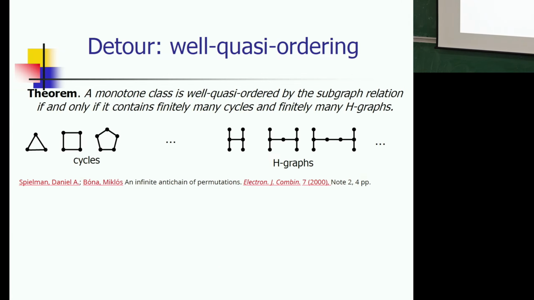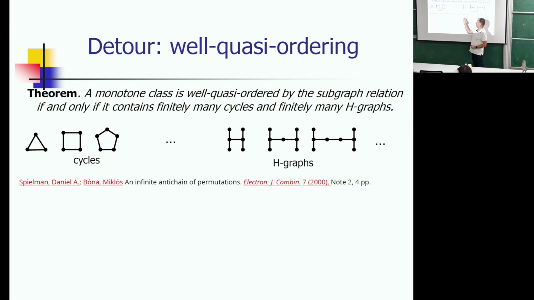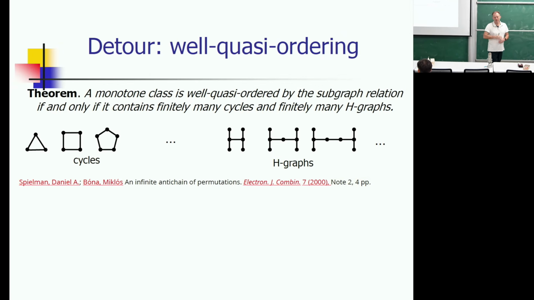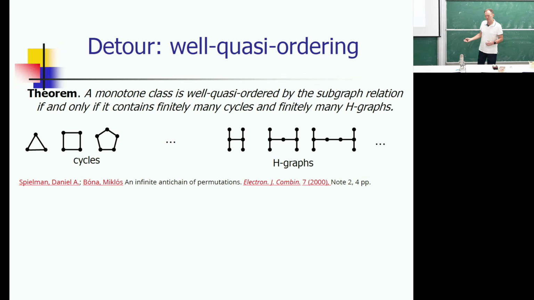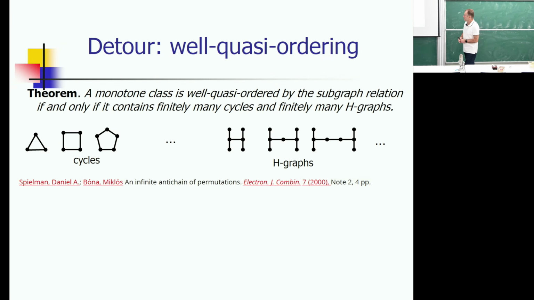For instance, this small paper, 4 pages only, which presents the only result in this paper, an infinite anti-chain of permutations. If you translate this result to the language of graph theory, permutation graphs, then it will be the complement of an H graph. So this anti-chain consists of the complements of H graphs.